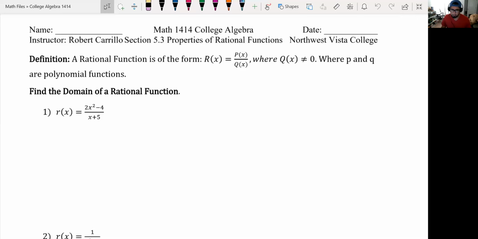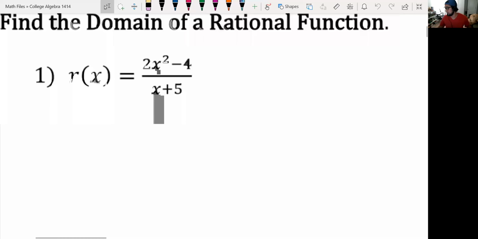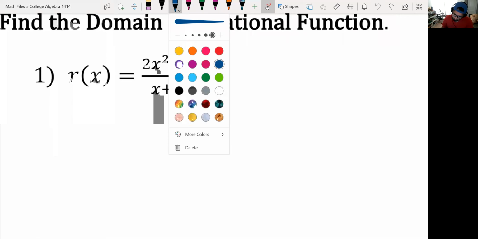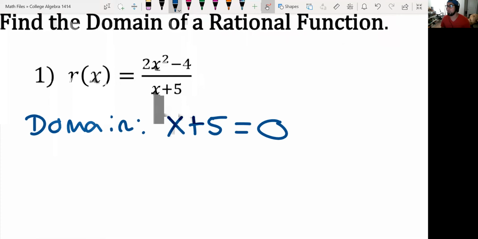Okay, so let's start by finding the domain of a rational function. We know that for rational functions, in order to find the domain, all you have to do is take the denominator and set it equal to 0, then solve for x. So for number 1, our domain, we take x plus 5, the denominator, and set it equal to 0.